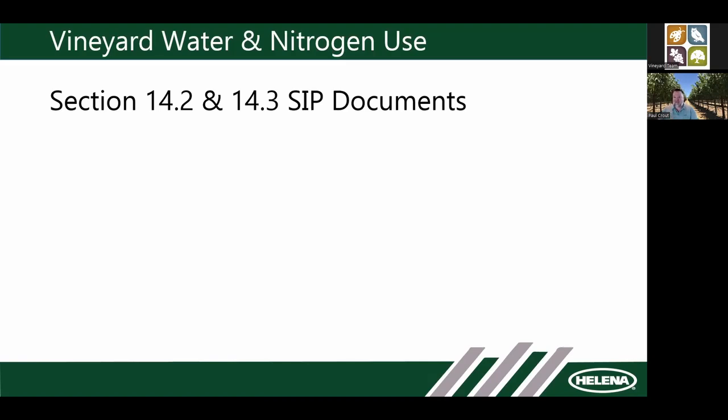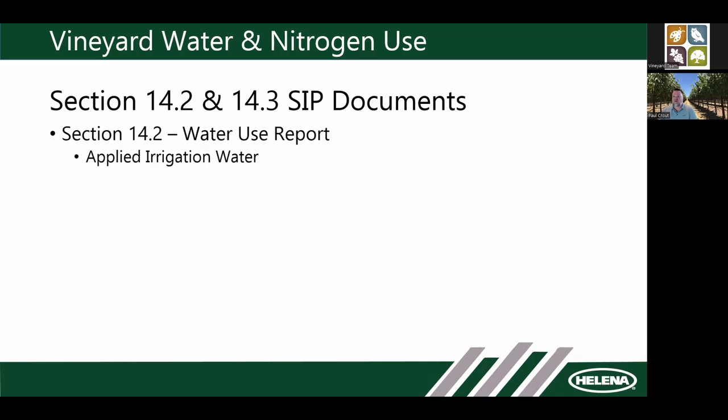There's usually a ton of things that you need ahead of time in order to fill out this information. So we've got section 14.2, which is your water use report. That's your applied irrigation water, your applied frost water if you have a frost control system, and rainfall, obviously something we need to calculate.